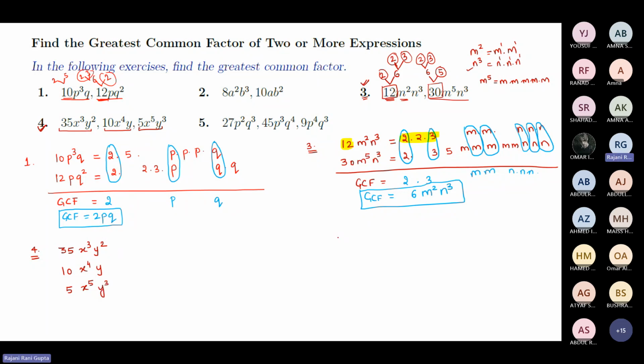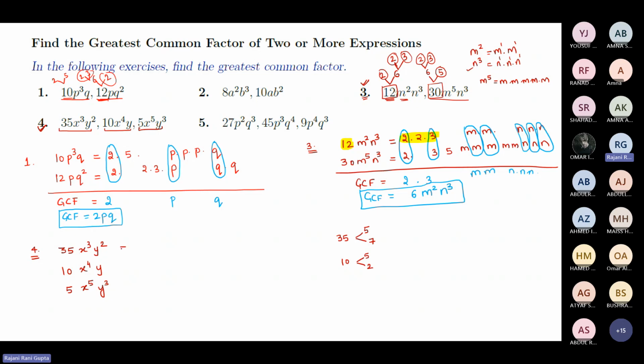Let's work with the numbers first. How can you write 35? 5 and 7, correct. What about 10? 5 and 2. And 5 is just 5 and 1.